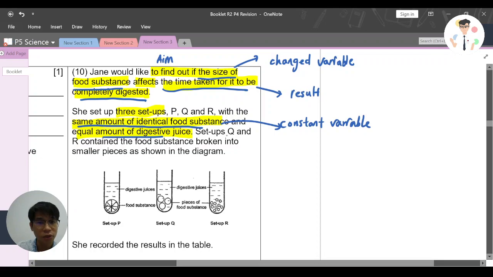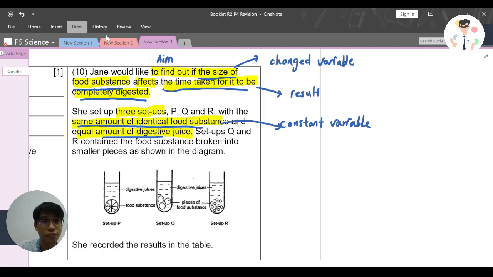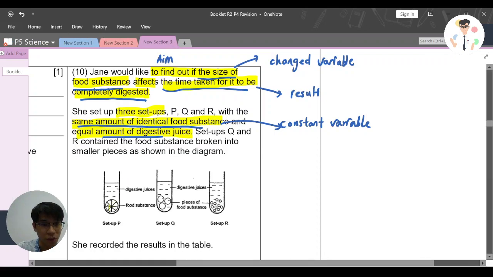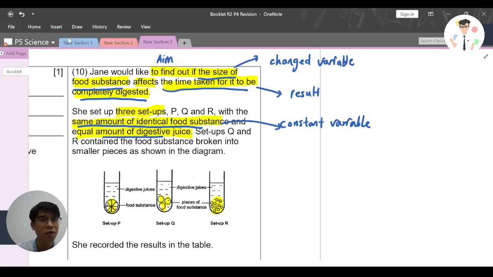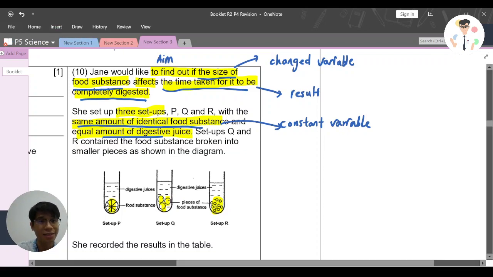Setups Q and R contain the food substance broken into smaller pieces as shown in the diagram. Here is the big one, here are the smaller pieces, and these are the even tinier pieces. They are the same amount of identical food substance, just that the sizes are different.